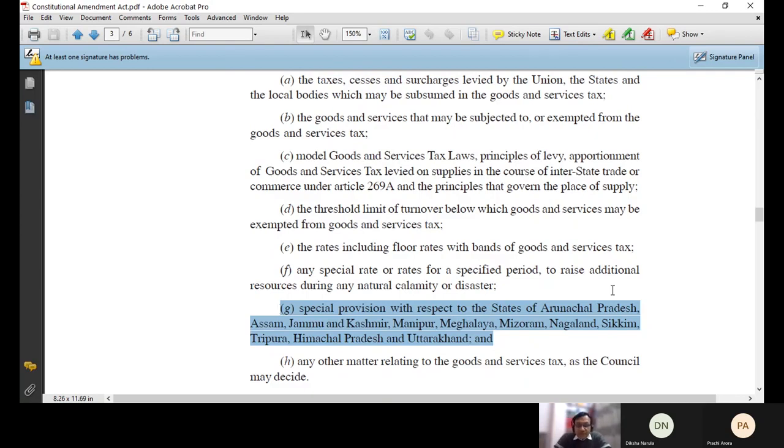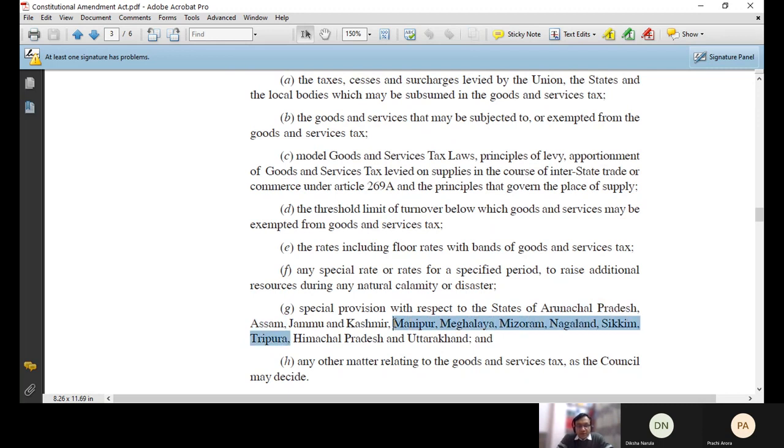So which basically are these eight northeastern states, all northeastern states: Arunachal, Assam, Manipur, Meghalaya, Mizoram, Nagaland, Sikkim, and Tripura.